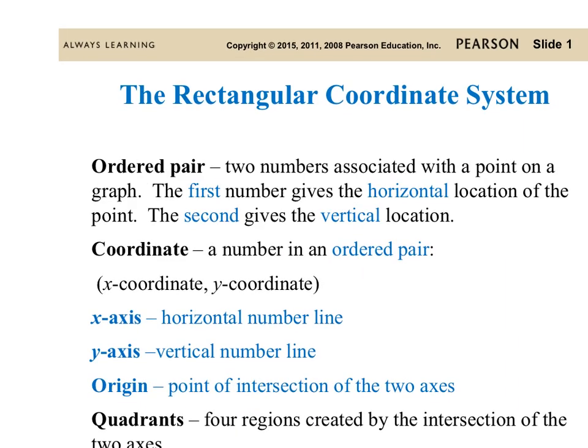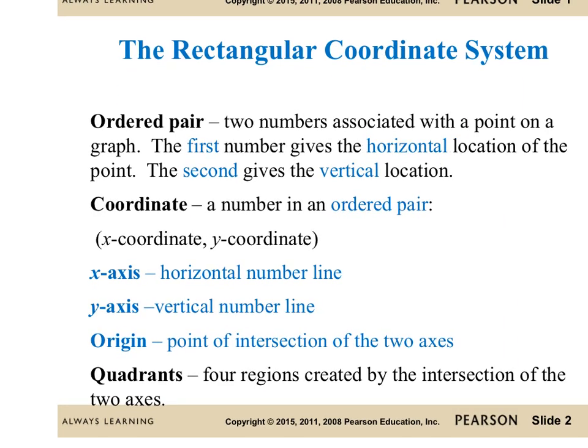And to begin, we are going to start with some vocabulary. So first of all, we're going to talk about what is an ordered pair. And an ordered pair is two numbers.